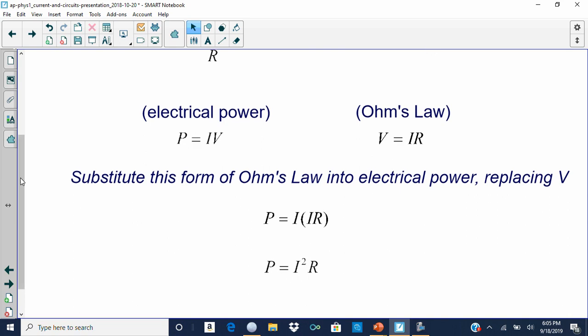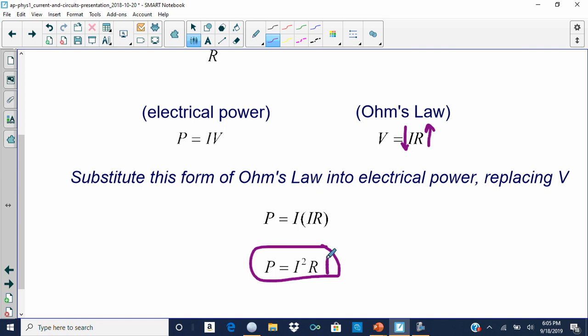So let's look at this equation right here. Let me get my marker so you can see it. Look at this equation here. If I keep this constant and I increase R, what happens to I? It decreases, right? Now look at this equation down here.